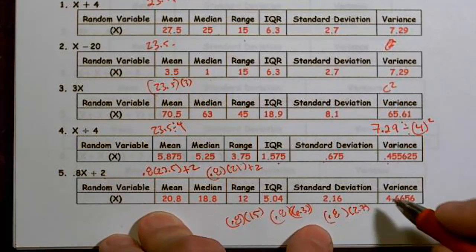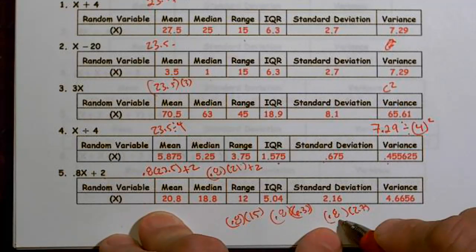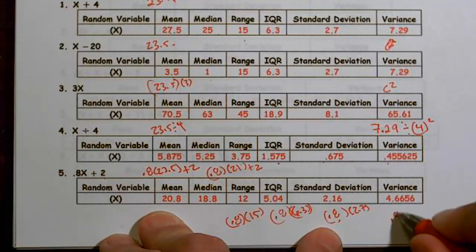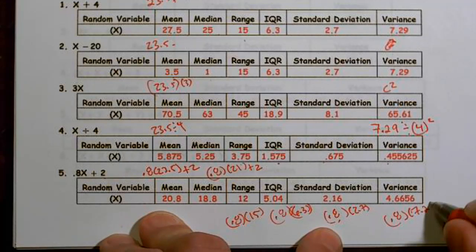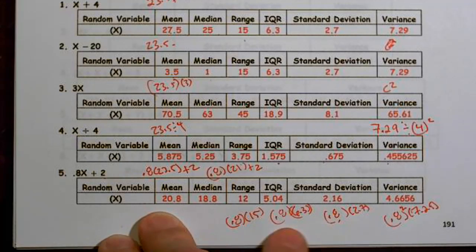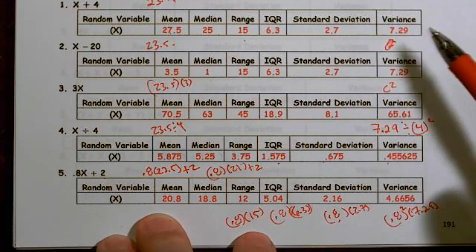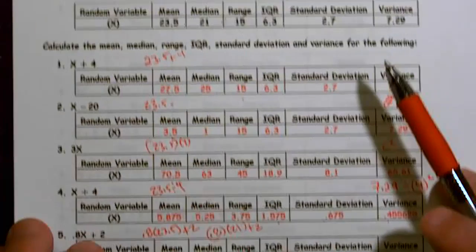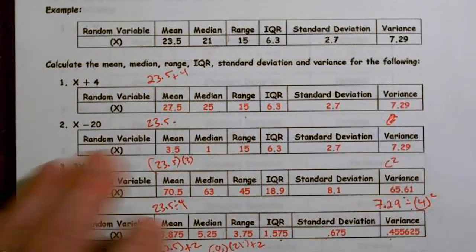And for the variance, remember, we have to square our multiplication, so it's 0.8 squared times 7.29, and we don't add the constant. That's the way you multiply, divide, and add constants to a random variable.